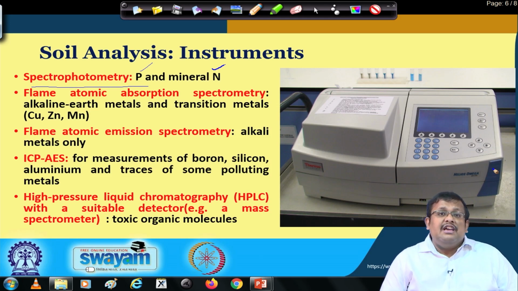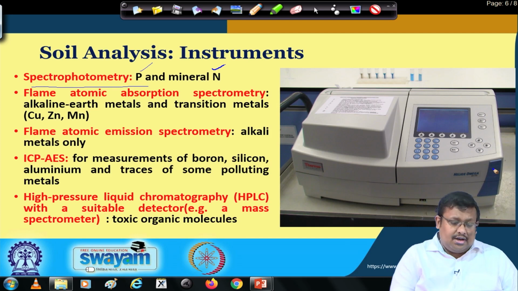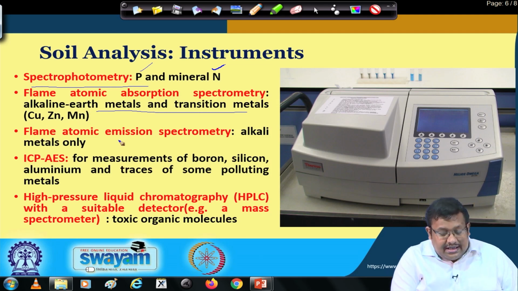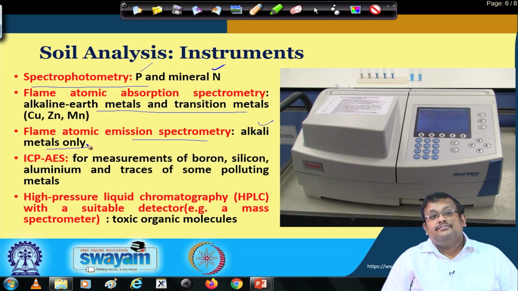Apart from that, flame atomic absorption spectrometry is also used for determination of alkaline earth metals and transition metals like copper, zinc and manganese. Flame atomic emission spectrometry is basically used for alkali metals.